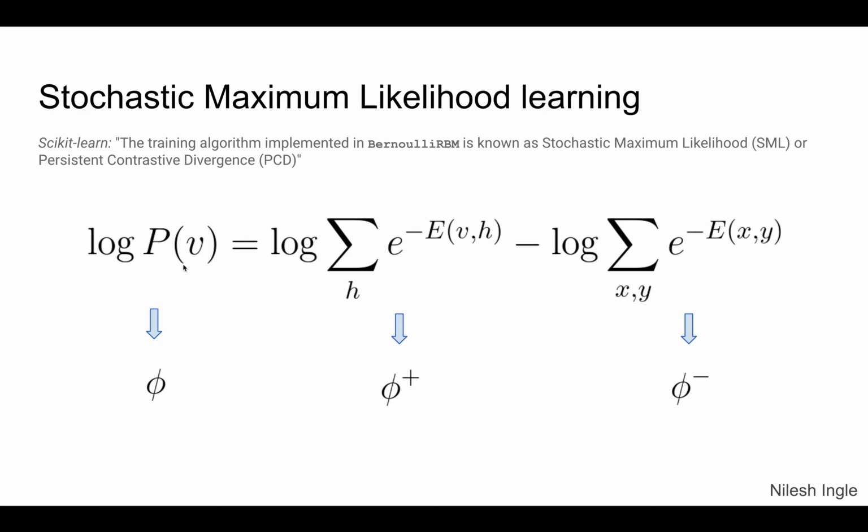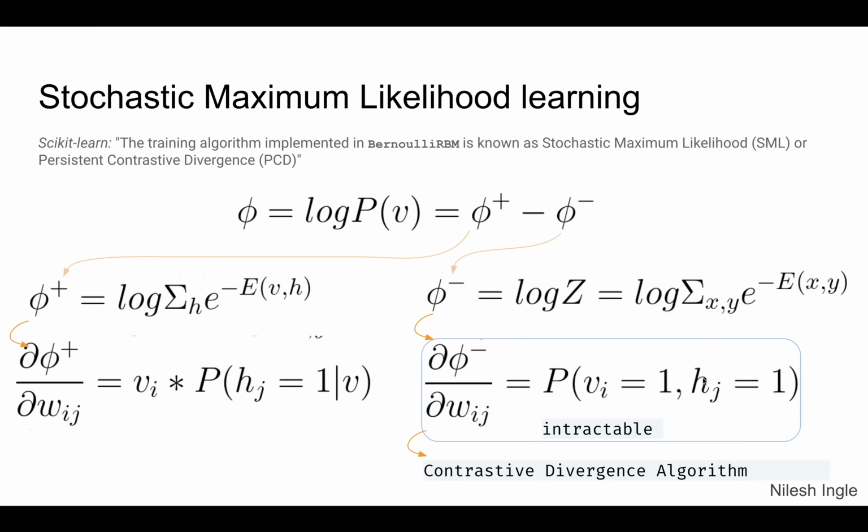So here we have the equation for log likelihood. So log of P of v is equal to log of this term and then this term right here, where we are going to denote this term by phi, and this is phi plus and phi minus.